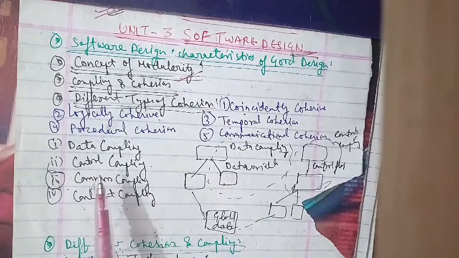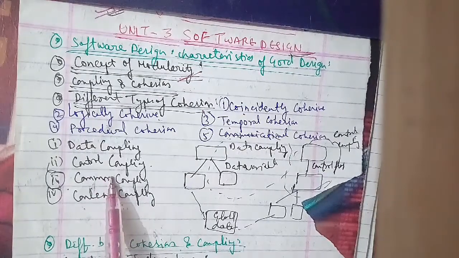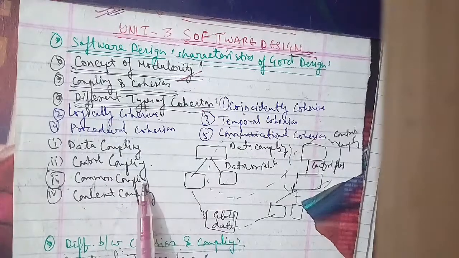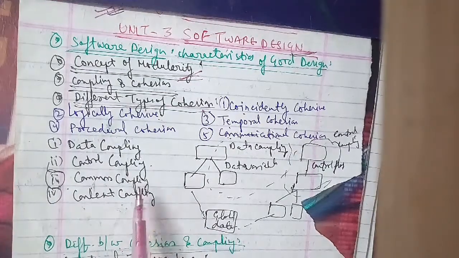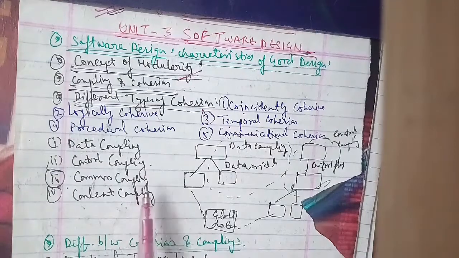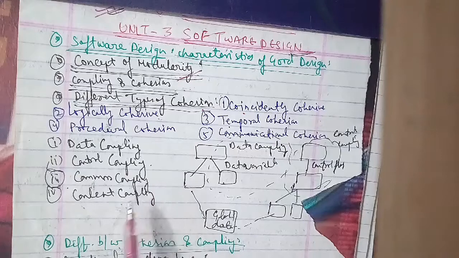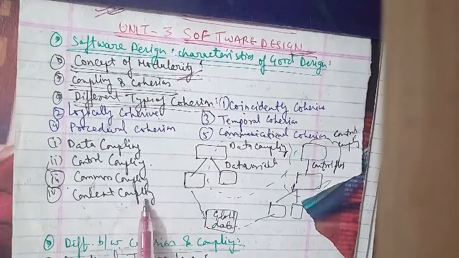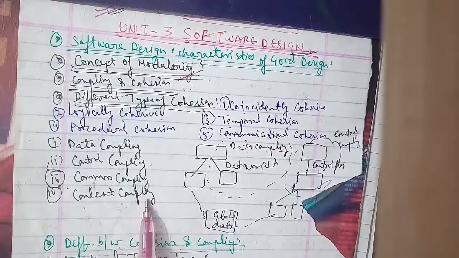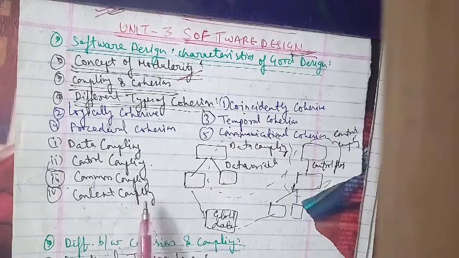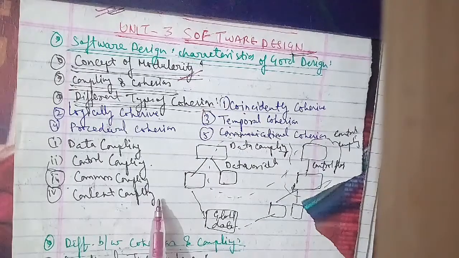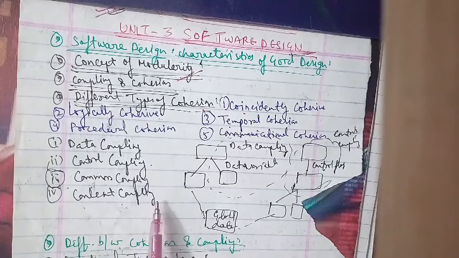Now the other question they asked is to differentiate between cohesion and coupling. In cohesion, the cohesive module performs only one thing. In coupling, it represents how the modules are connected with other modules or with the outside world.